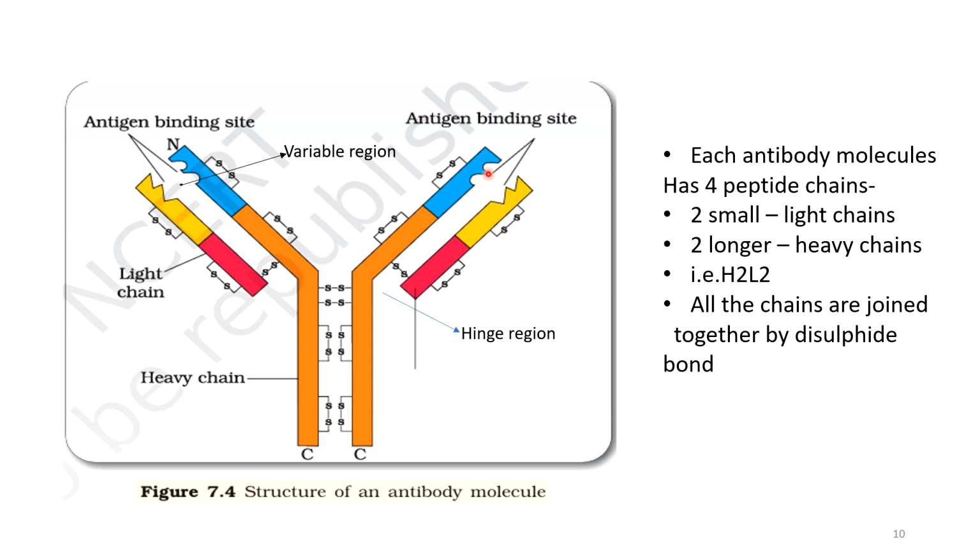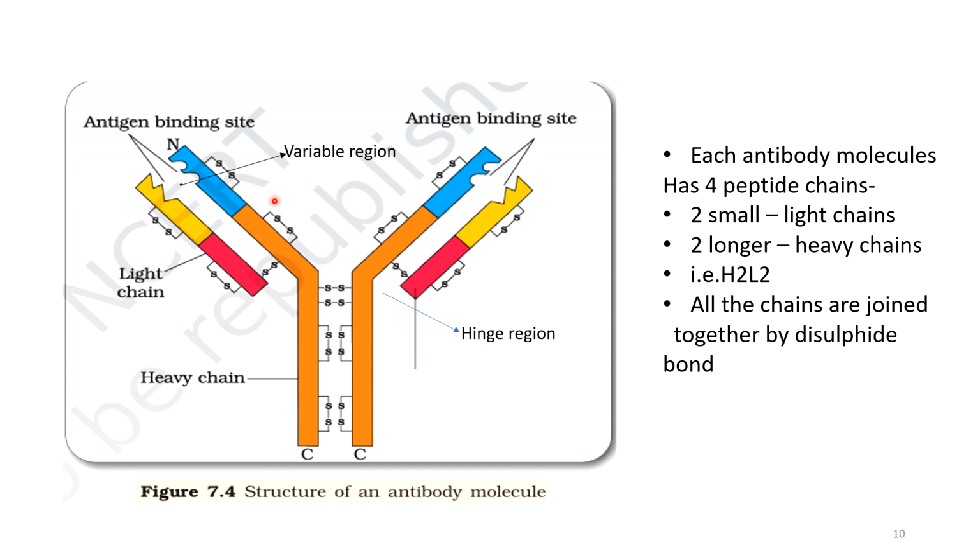So this antigen binding site on the antibody is also called paratope, which binds to the epitopes on the antigen. Okay, so these are the paratopes which bind to the epitopes which are present on the antigens.